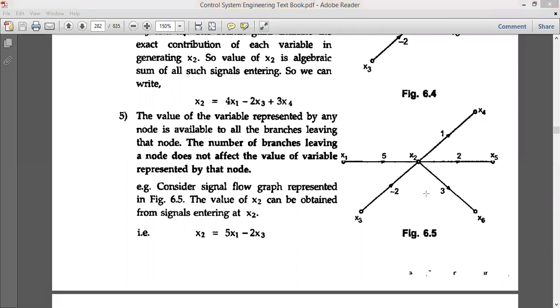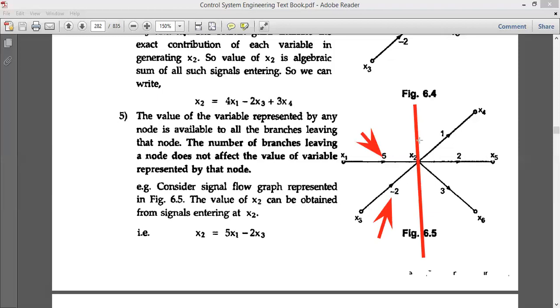Just look here. The nodes x1 and x3 are entering points. Look at the arrow marks, the arrow mark at 5 and the arrow mark at 2 are entering towards the point x2. That is why in the given equation you have 5x1 minus 2x3.